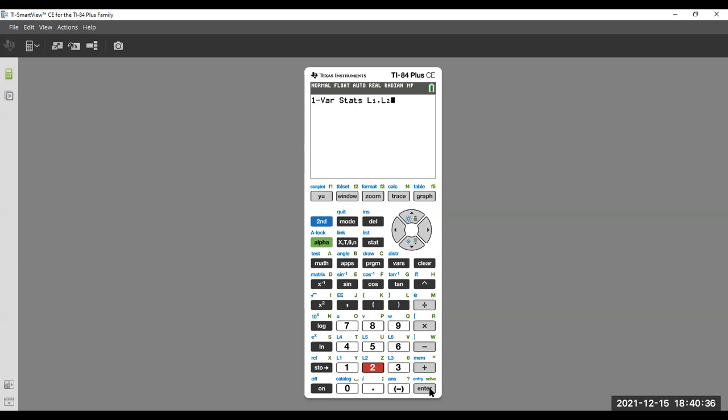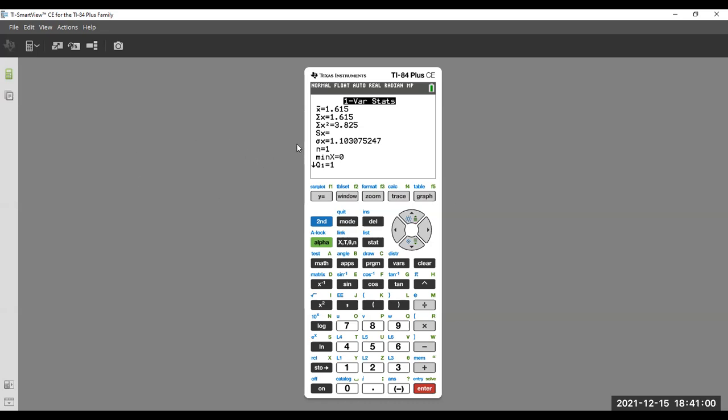And these keystrokes are available in any number of videos that have been posted on our Canvas course shell over the course of the semester. So there we go. I have a mean, an x bar of 1.615. I have a standard deviation sigma of 1.1 and change.